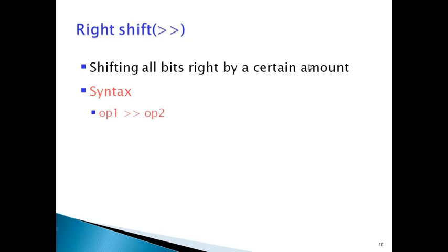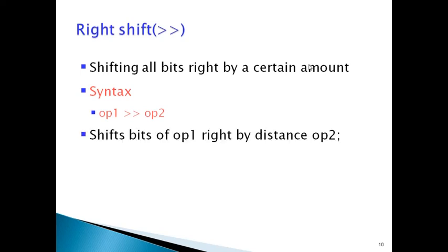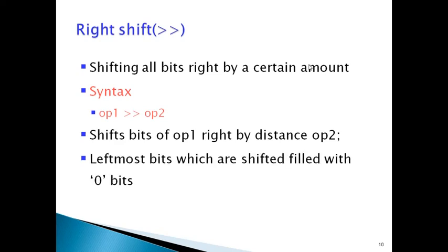The syntax is operand 1, right shift operator, operand 2. It shifts the bits of operand 1 right by the distance of operand 2. It is similar to the left shift operator. The leftmost bits which are vacated are filled with 0 bits.